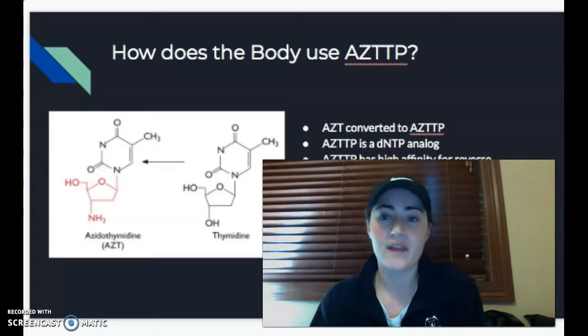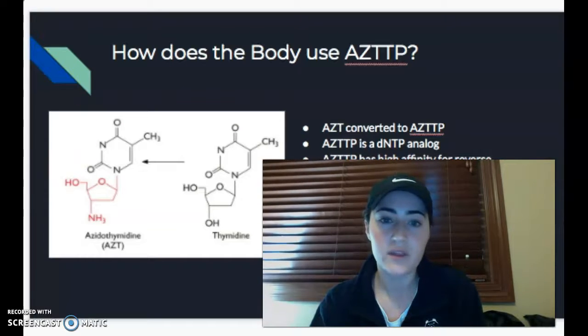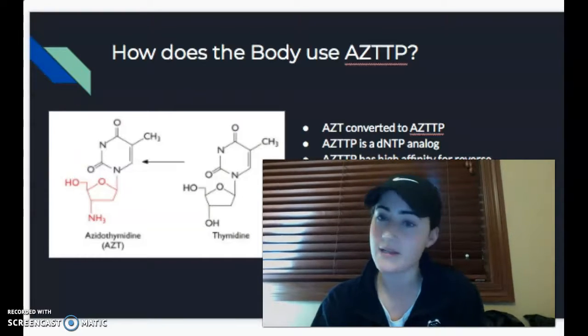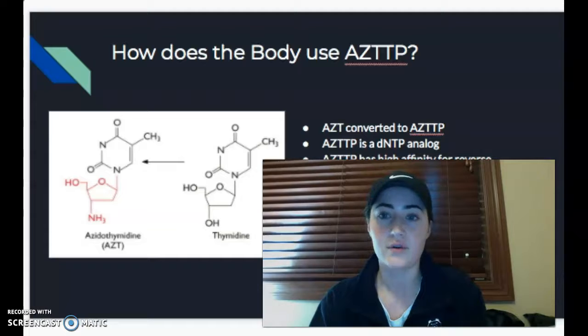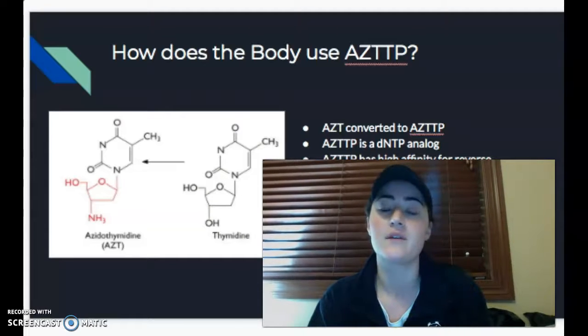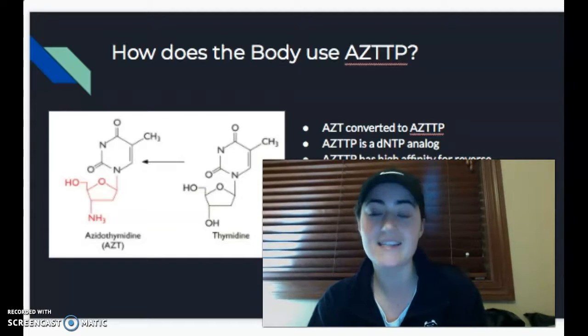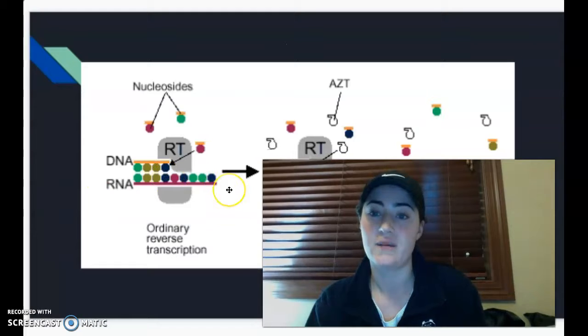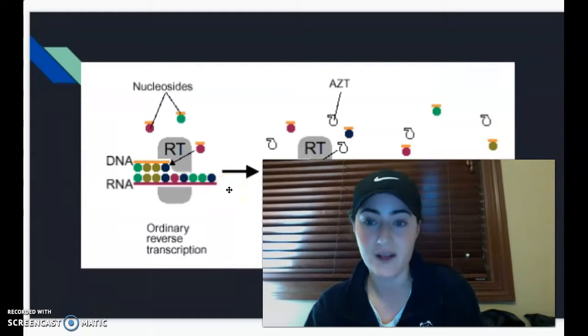One thing I just wanted to touch on really quickly was the big idea of how this works. AZT is going to become the active form, AZTTP, which has those 3 phosphate groups because it's triphosphate.